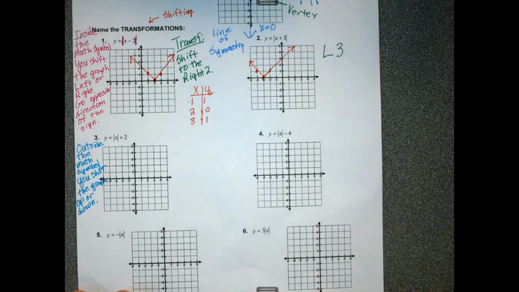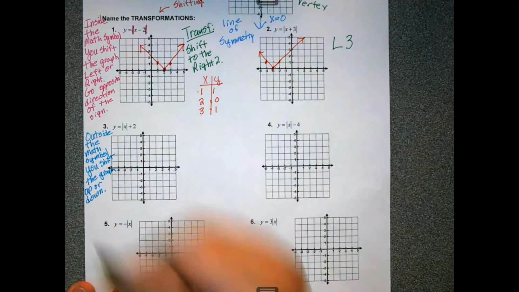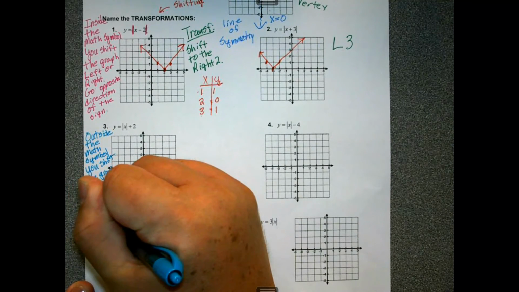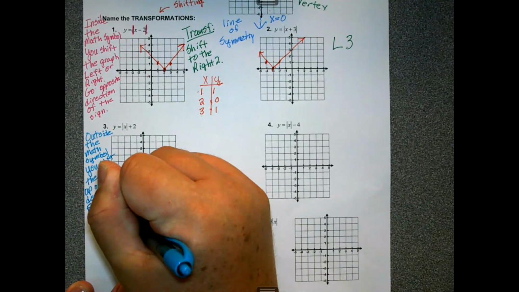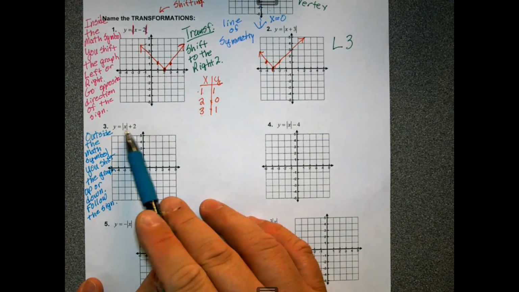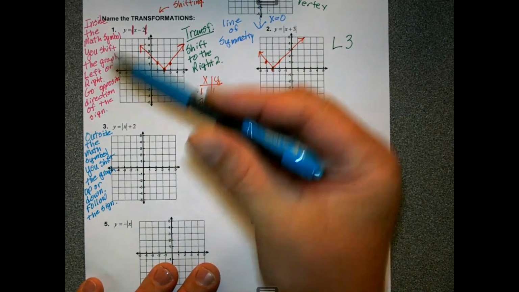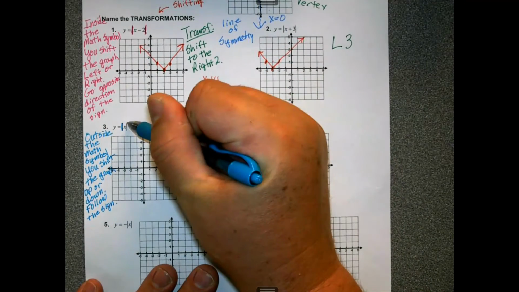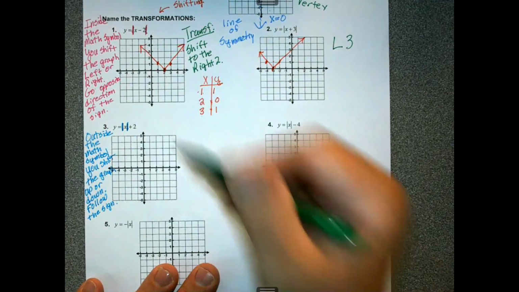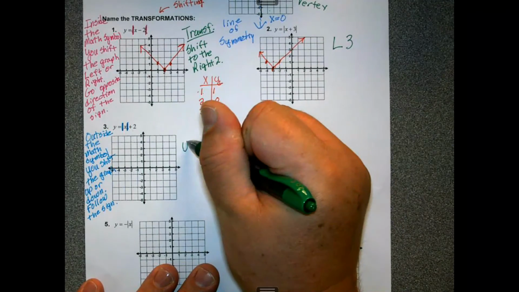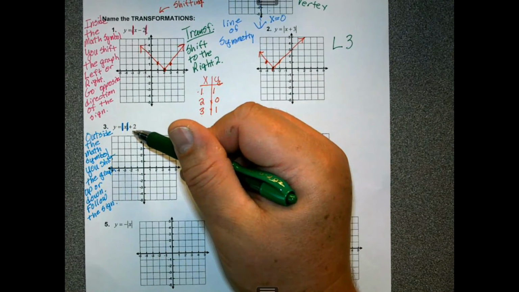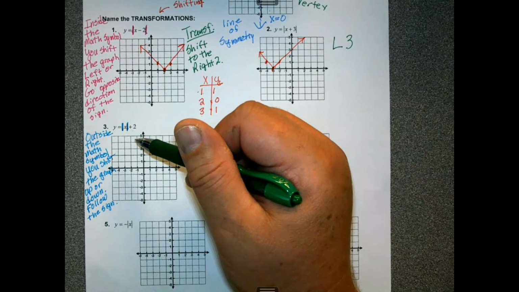And this time, you're going to follow the sign. So my transformation here in this one, it's outside the math symbol because here's my absolute value symbols, right? The 2 is outside, so my transformation is going to be up 2 because I follow the sign. Positive means to go up. Negative would mean to go down.